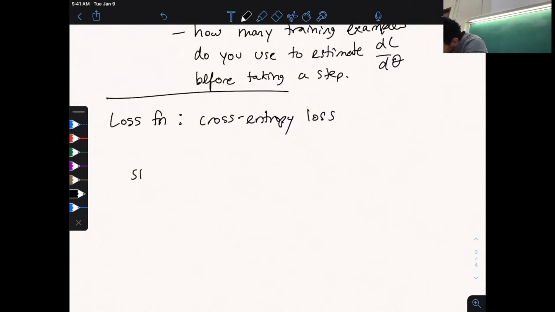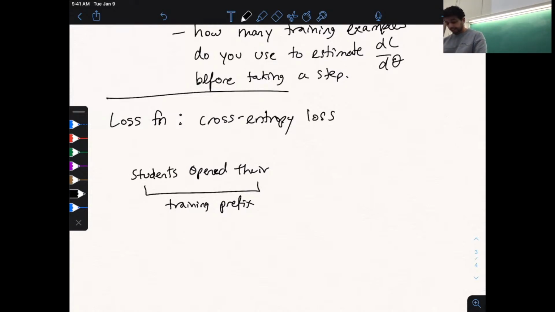Okay, so let's say we have our prefix here, students open there. And so this is our training prefix, one of many prefixes in our training data set. We know that in our training data set, books is the word that we actually observe after this prefix. That's what was given to us in training. We had some sort of document that mentioned students open their books. Okay, so this we're going to call our target.